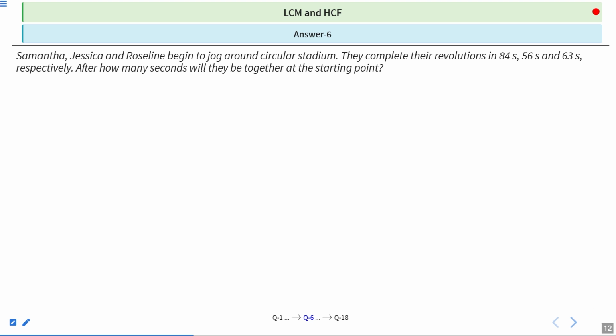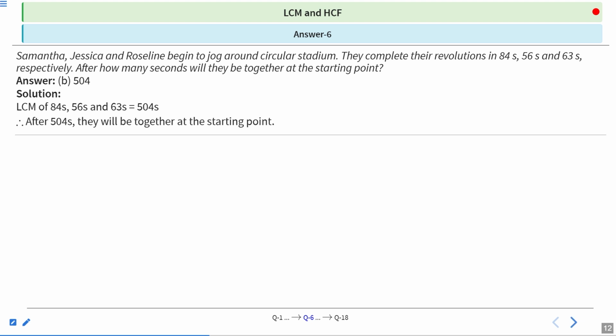So Samantha, Jessica, and Rosaline were jogging around a circular stadium, and their duration of revolutions is given to us. We have to find after how many seconds they will be together at the starting point. The answer is option B, 504 seconds. Now let's have a look at the solution. The LCM of 84, 56, and 63, that is the time of their revolutions, is 504 seconds.